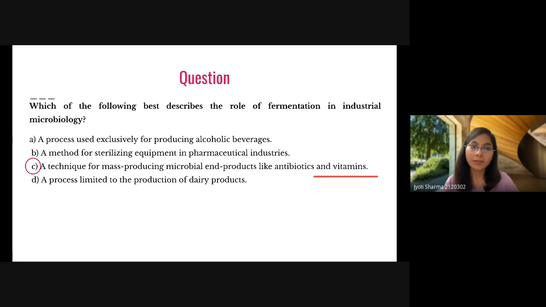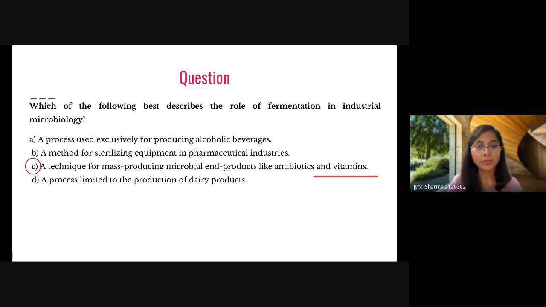So in industrial microbiology, the role of fermentation is to produce end products like antibiotics and vitamins that we need. That's why the scope of industrial microbiology is very vast.